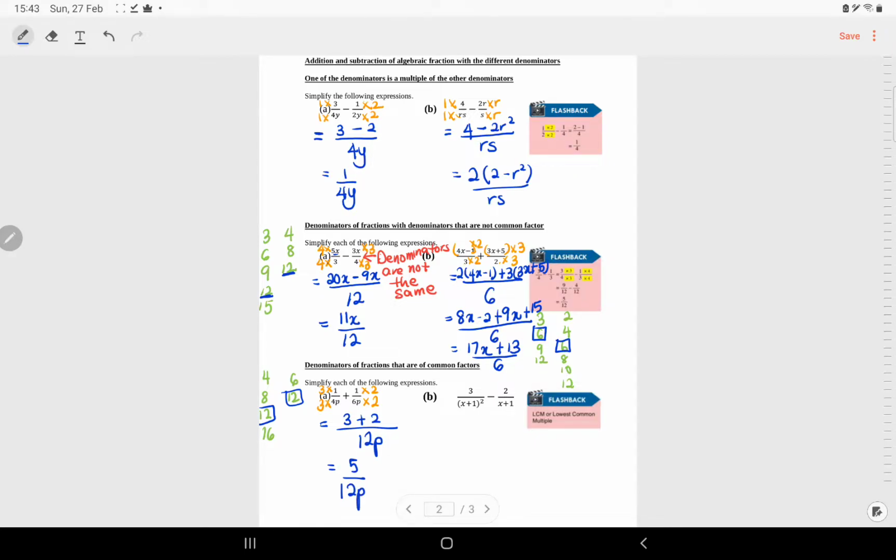Okay? The next one, instead of a number, you have factors. But notice that this is x plus 1, and this has a denominator of (x plus 1) squared. So what can be our common denominator here?